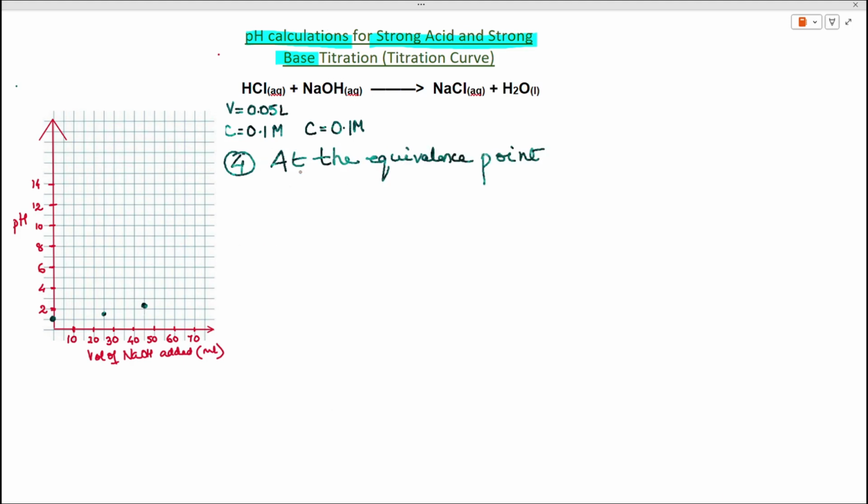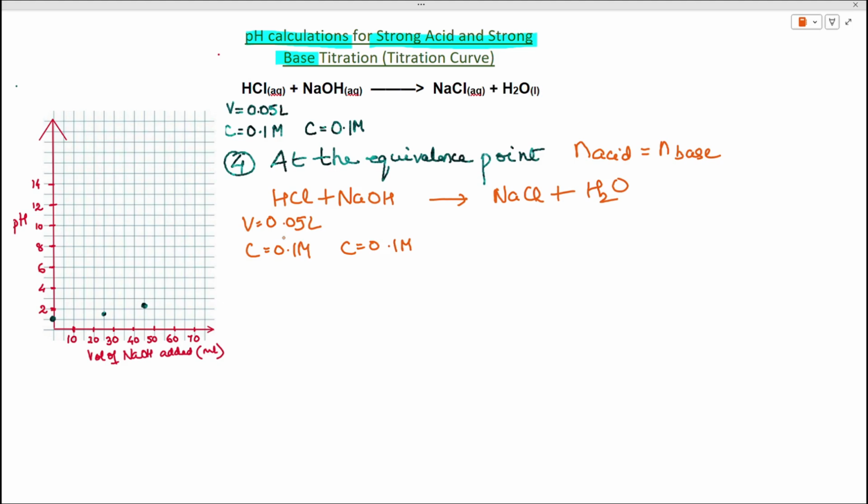For the next one, now we'll calculate the pH at the equivalence point. So what is the equivalence point? Equivalence point is a point when the number of moles of the acid is equal to the number of moles of the base. Because the volume and the concentration of HCl is given, we'll find the number of moles of HCl, which is equal to 0.05 multiplied by 0.1, and this gives us 0.005 moles.